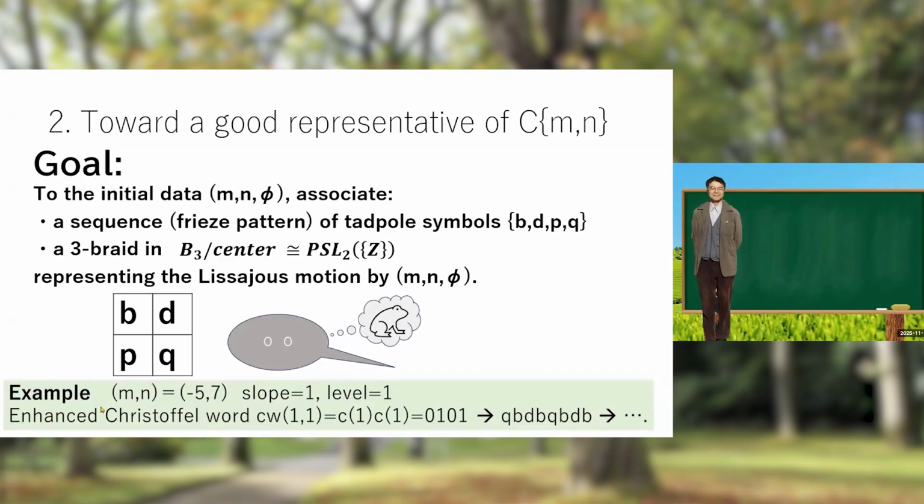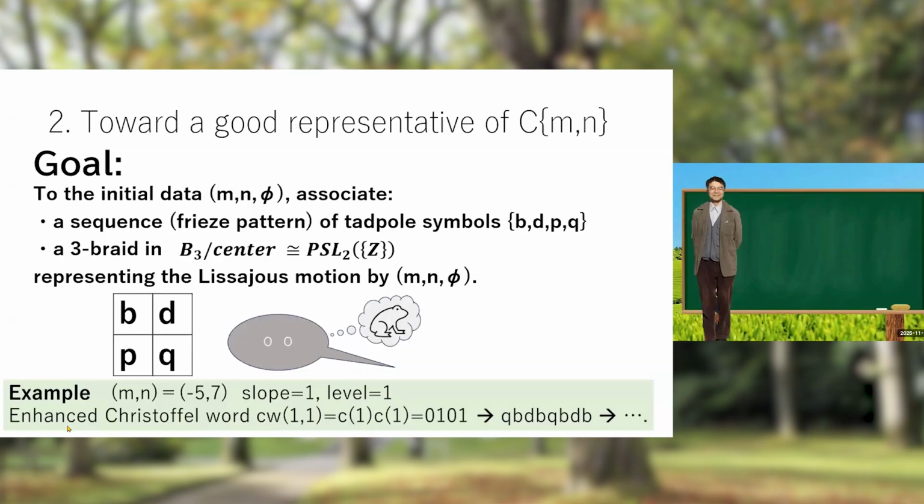For example, if m, n are minus 5 and 7, this satisfies the standard pair condition, then we first associate a rational number, the so-called slope, and a positive integer, the so-called level. And in this case, we have 1 and 1.